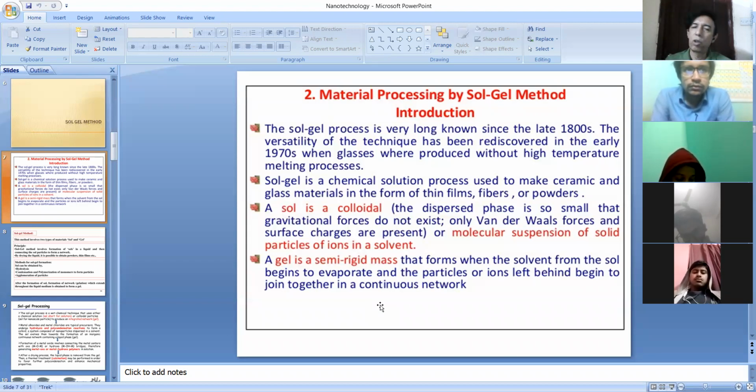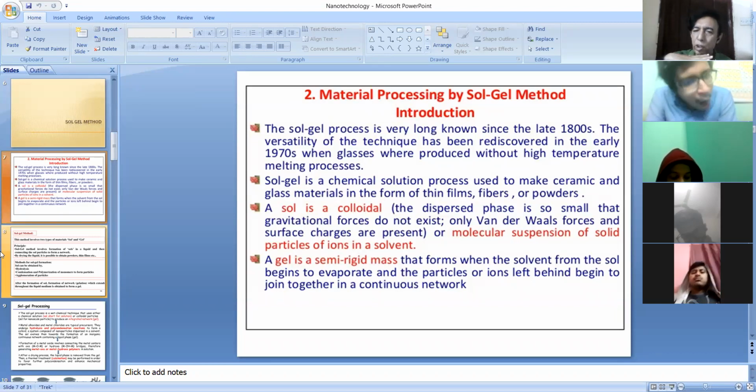So this is called sol, and only van der Waals forces and surface charges are present in that sol per dispersed phase. So a sol is a colloidal or molecular suspension of solid particles or ions in a solvent. So very small particles are dispersed in a solvent.